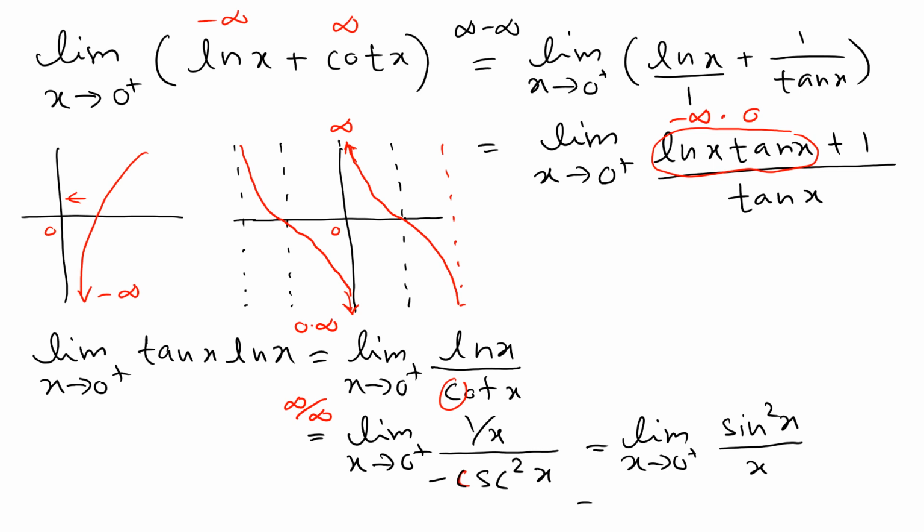Now we can split this. As x goes to 0 plus, you can write this as sine x over x times sine x. Or if you do not like that method, there is another way to do this problem. This is one way to do it, so let's do it a different way.